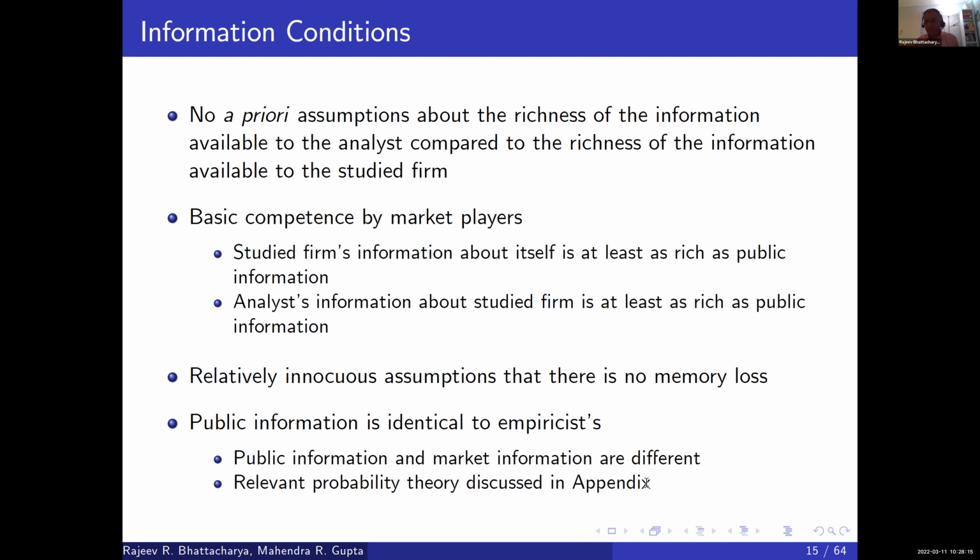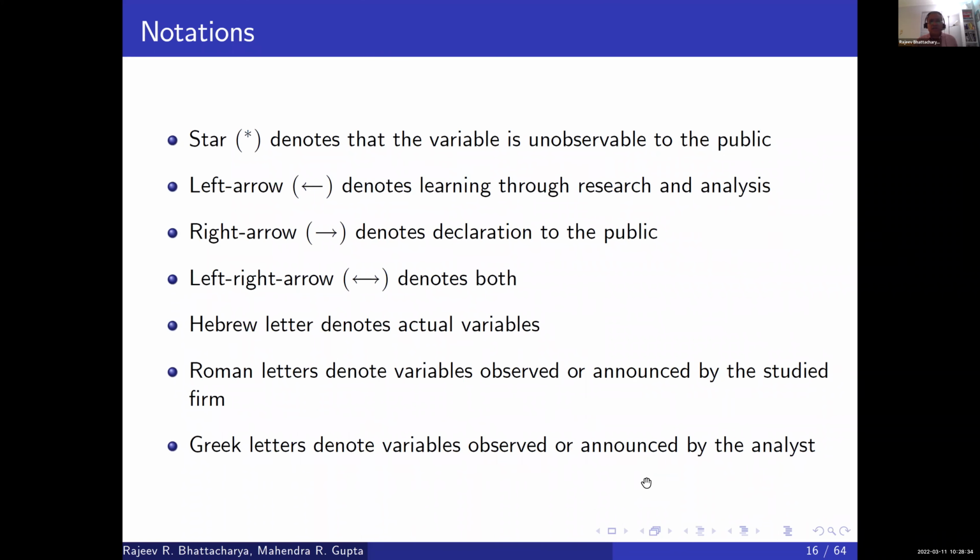That's the public information. And we'll see later that, as a result, a lot of our models depend critically on what we use as public information. This is a very empirically demanding methodology, and those are extensions that we could work on.